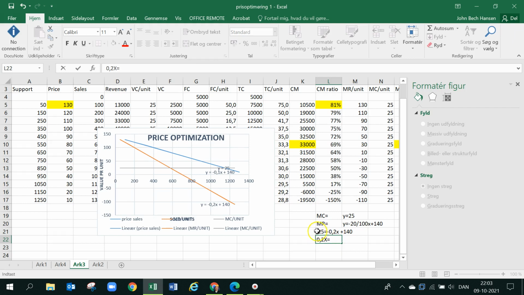So there will be 0 over here, and 140 minus 25 is 115. To get 1x on the left side, I have to multiply by 5. So then I can say x equals 575.